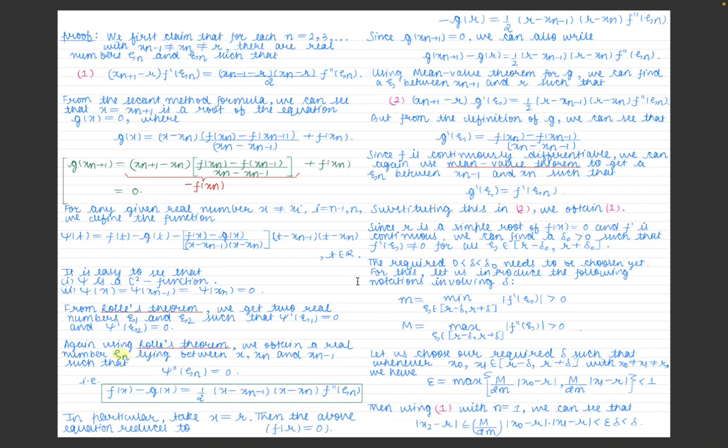Now you see, because xi is a C2 function, we could go to xi dash, which is again continuous.